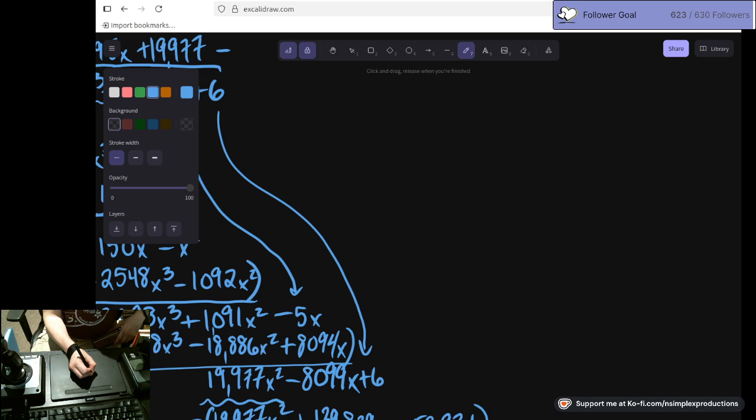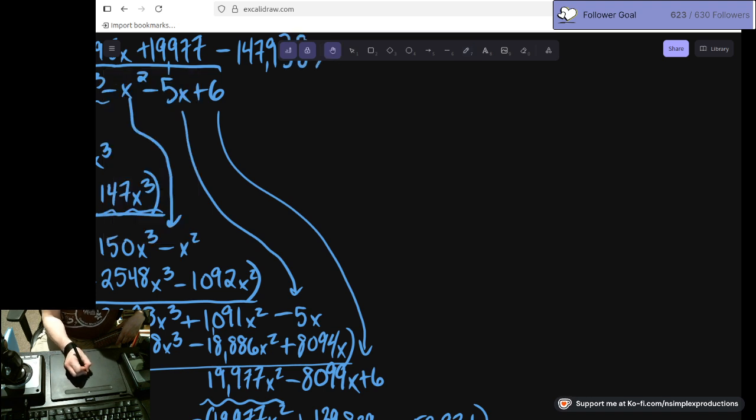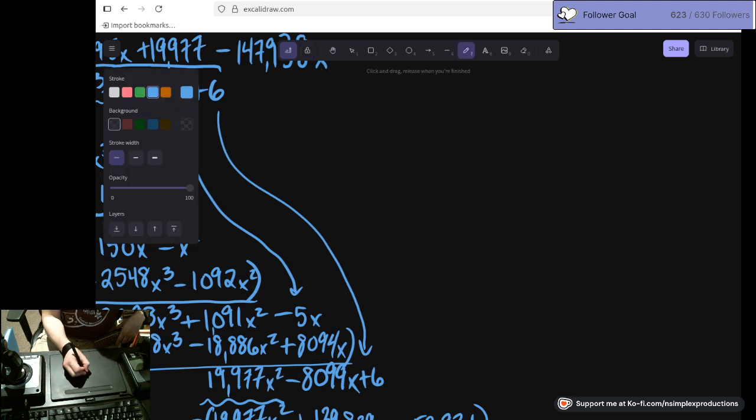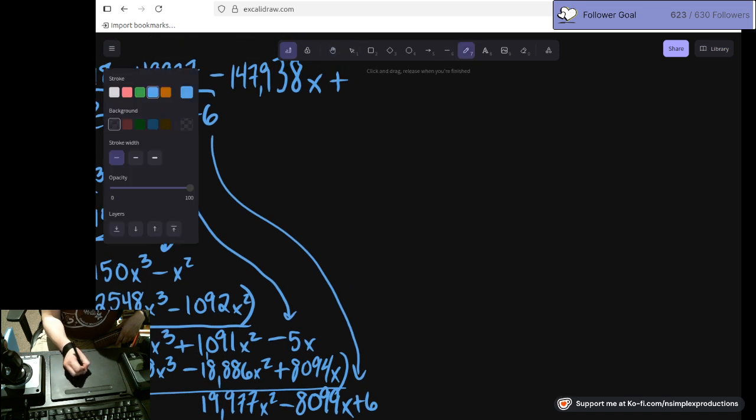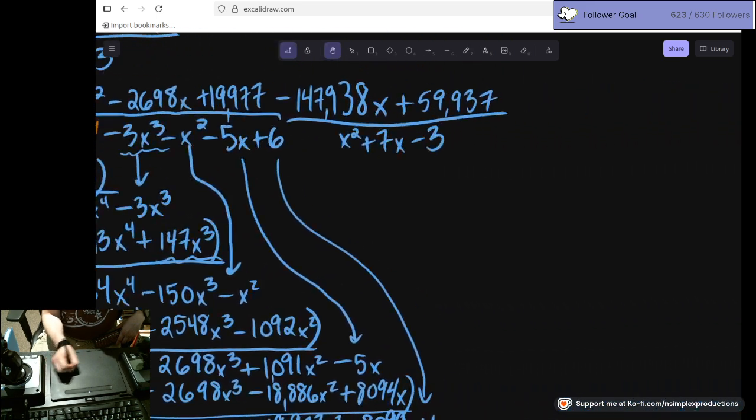Minus 147,938 all x plus, that's not going to work, plus 59,937 divided by x squared plus 7x minus 3. I think so, right? Yep.